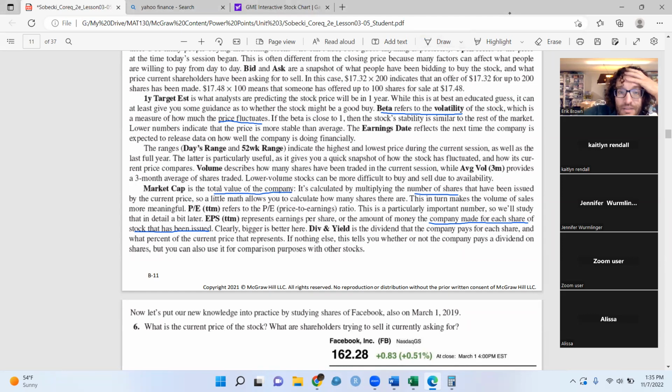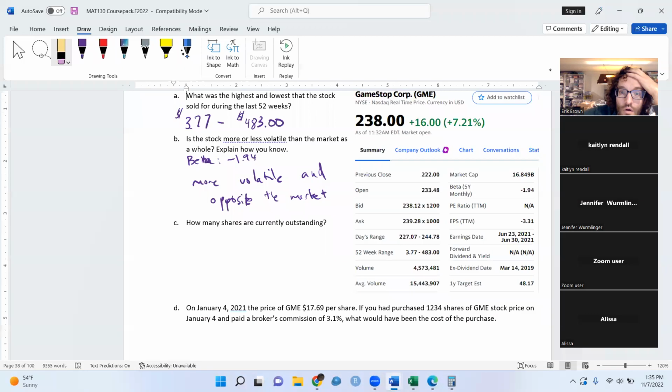Okay, so the market cap is the value of the company, which is simply the number of shares times the current price. So for ours, if we want to know the number of shares, it's just the market cap divided by the current price. So the market cap, it was worth $16.849 billion. Woo, insanity. Divided by $238 per share. This will be the number of shares outstanding.